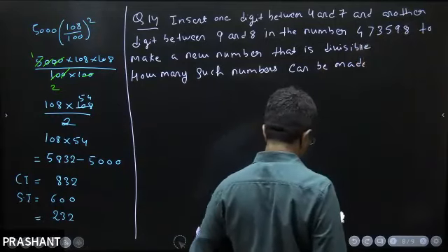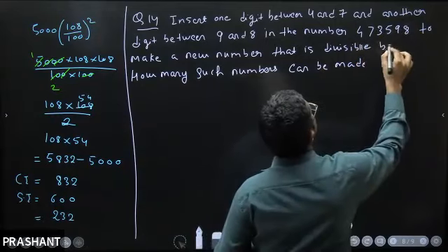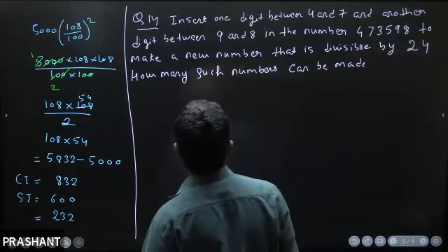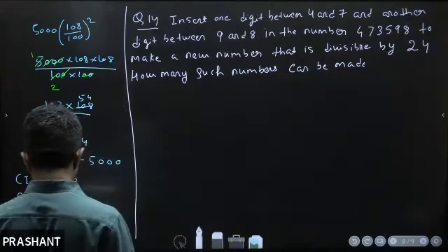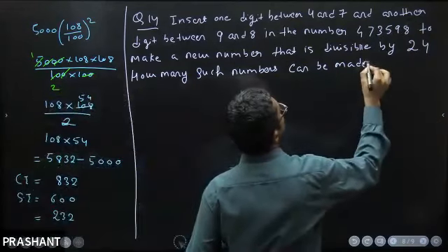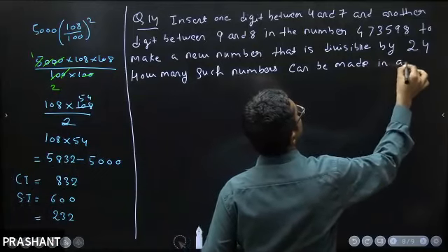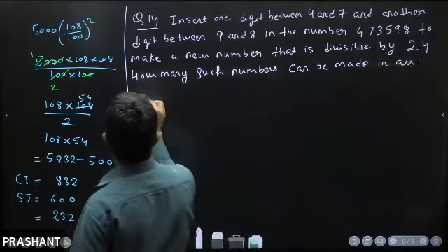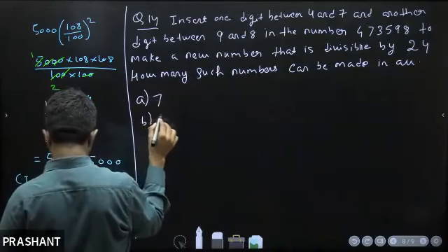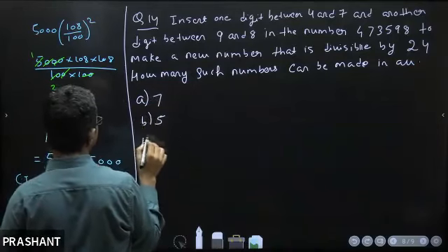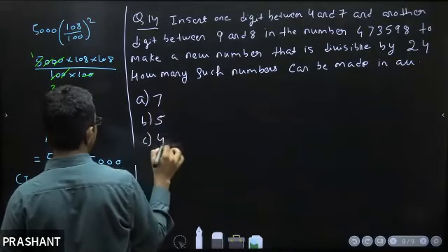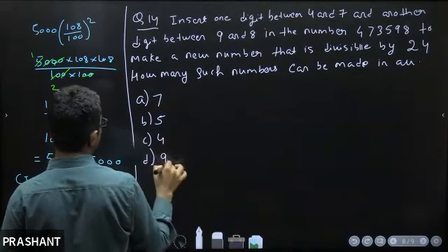Divisible by 24. ठीक है? Made in all. Option A 7, 5, 4, 9.